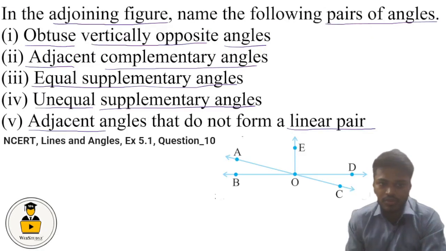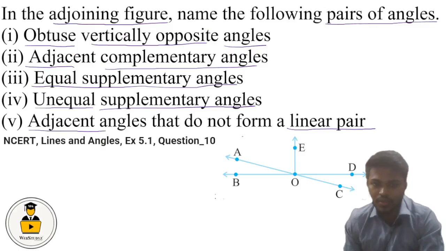Now the fourth question says that we want unequal supplementary angles. So we want angles for which the sum is 180 degrees, but the angles should not be equal.